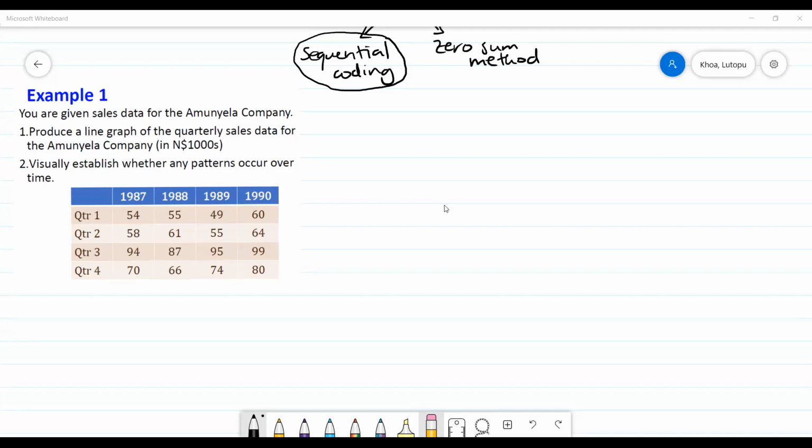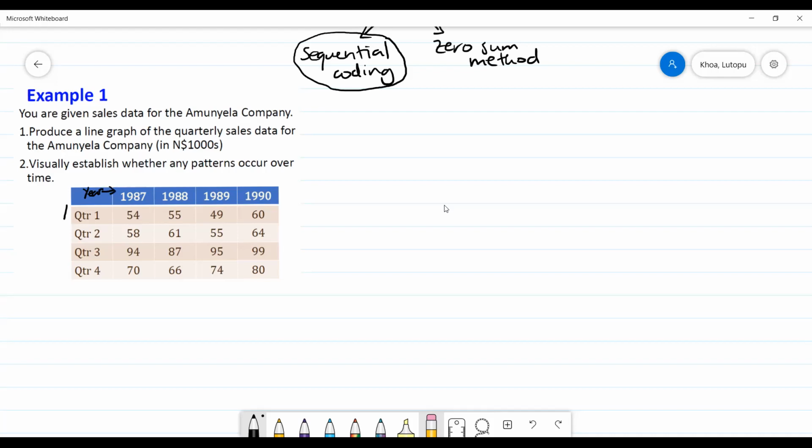Visually establish whether any pattern occurs over time. What it means is, are the sales going up or are the sales going down? So the first thing is you need to make sure you read the table correctly. You can see we have the years over here, so these are the years that way.